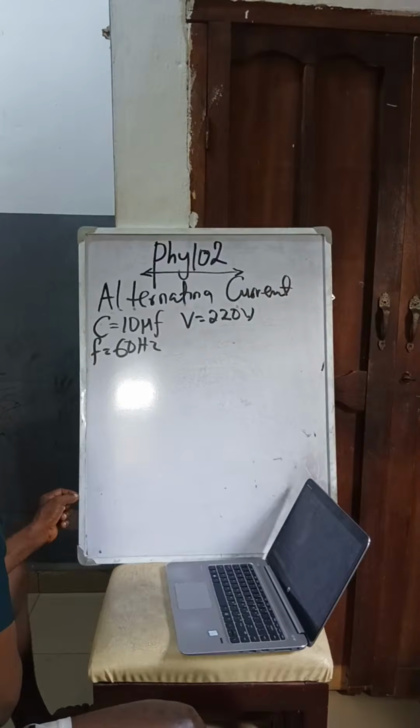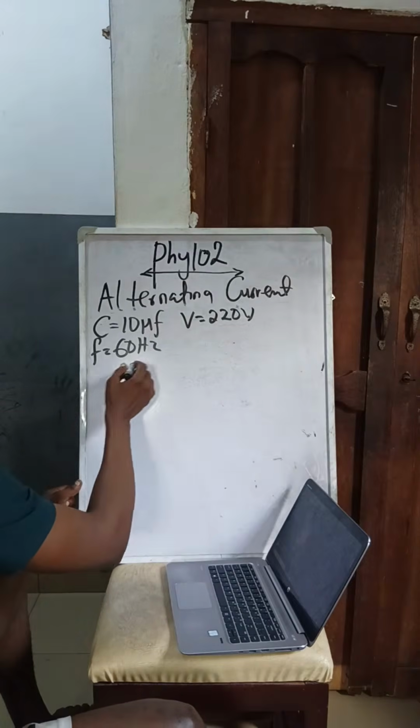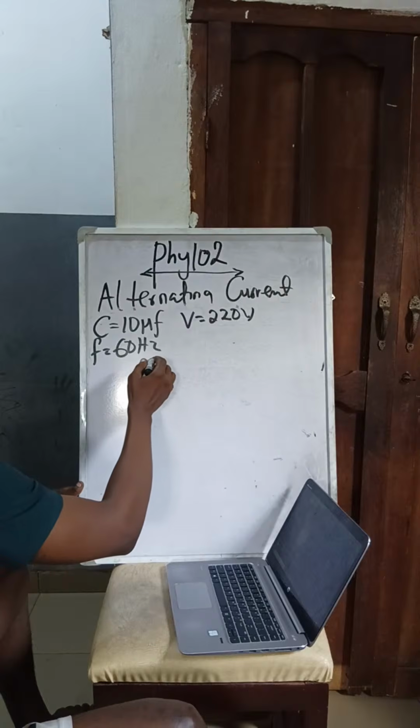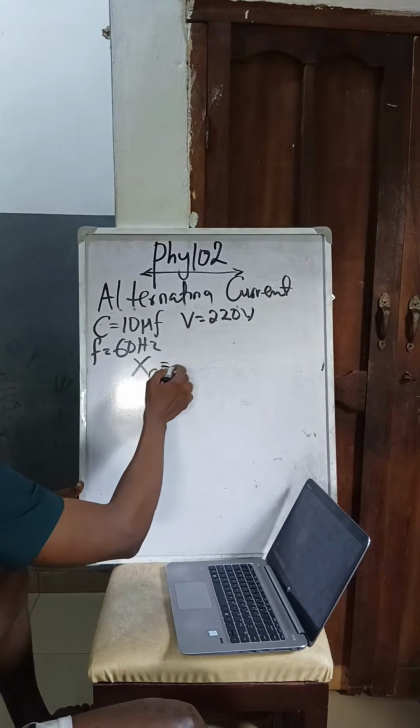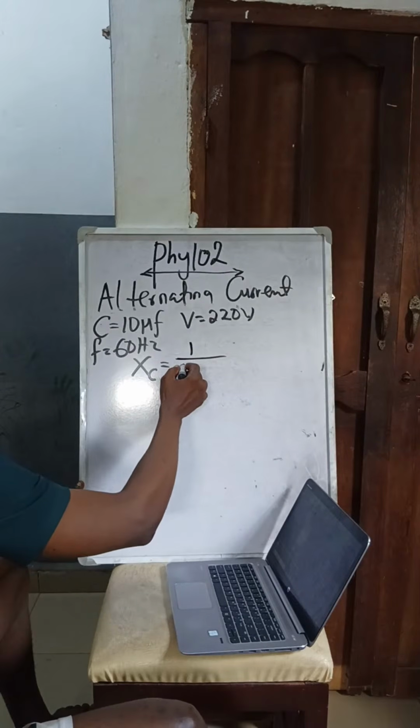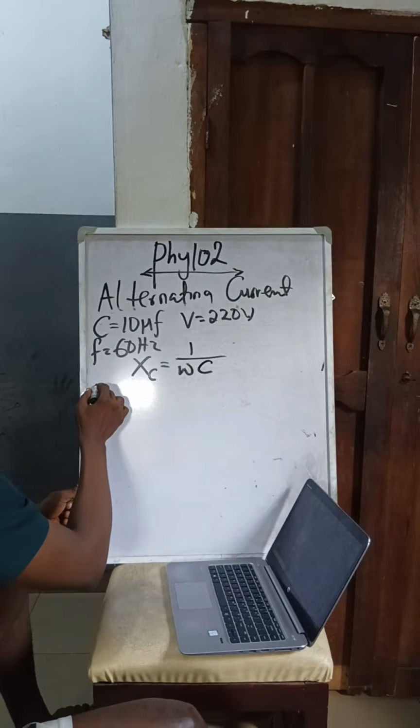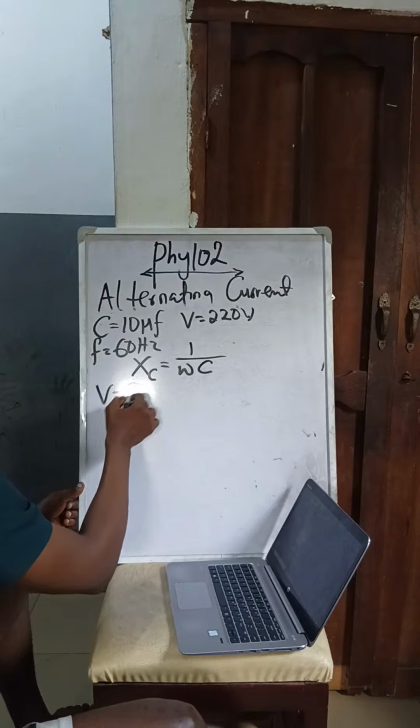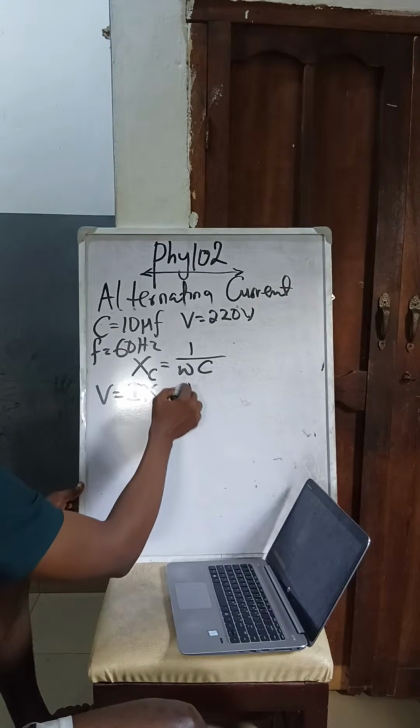When we talk about the root mean square value of the current, we'll first of all calculate the capacitive reactance, which is 1 over WC, because V is equal to I XC.